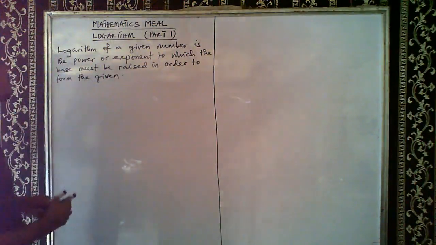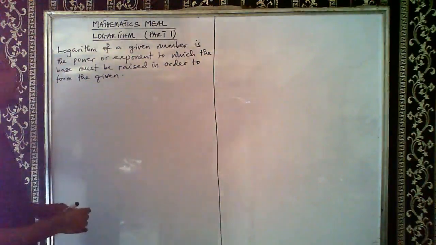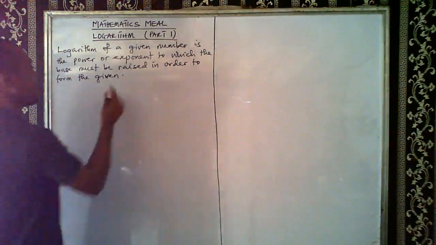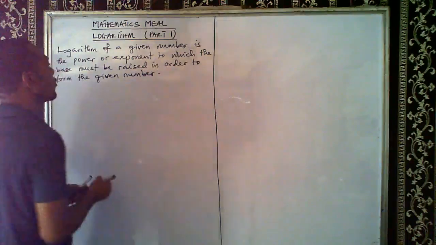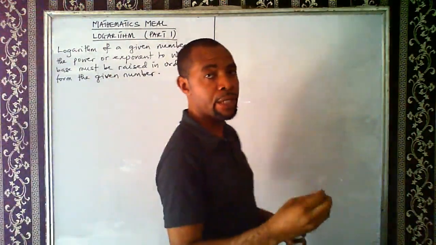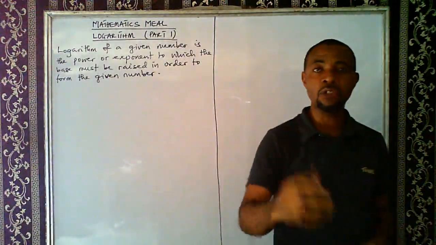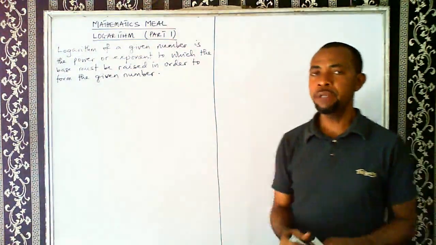So the power or exponent to which the base must be raised in order to form the given number is the logarithm of the given number. The number that will become the power of the base in order to form the given number. That's what we mean by the logarithm of a number.